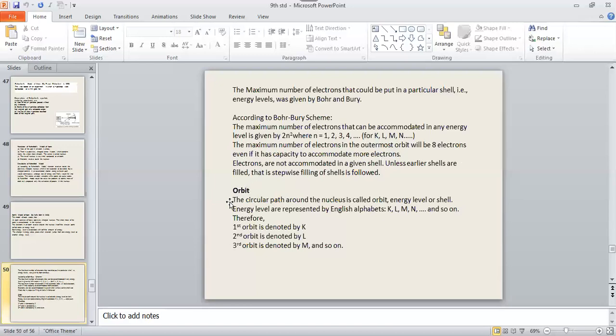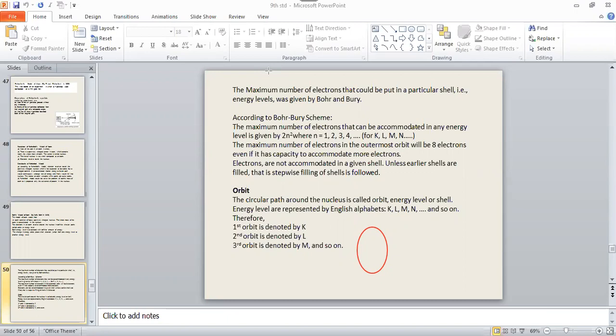Then orbit. So what is an orbit? An orbit is a circular path. So this is the first orbit, like this.